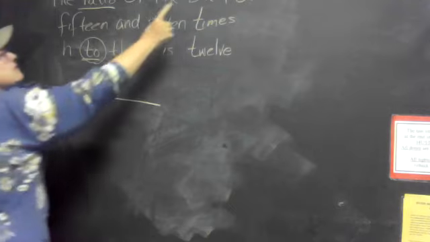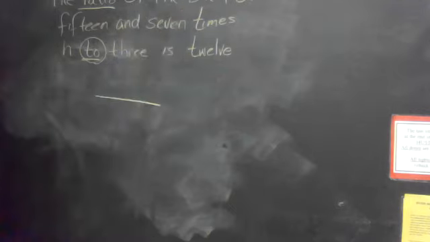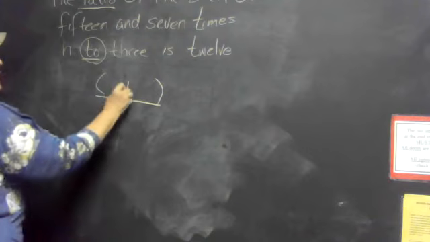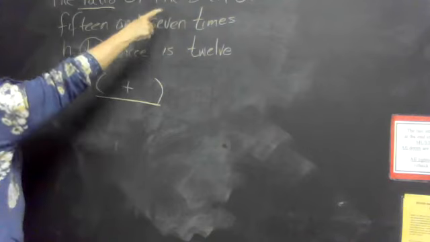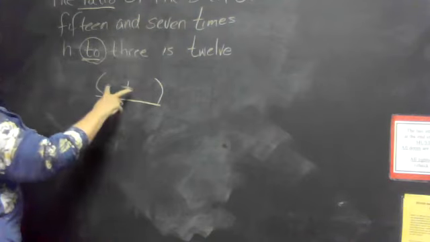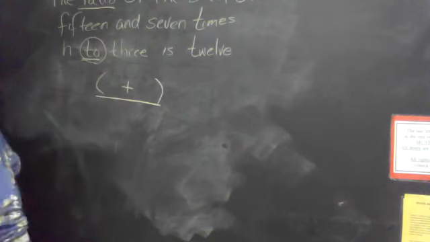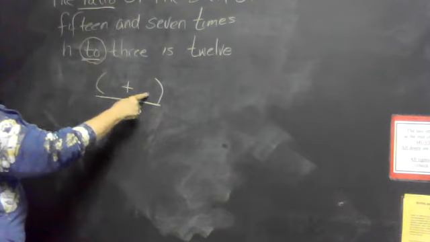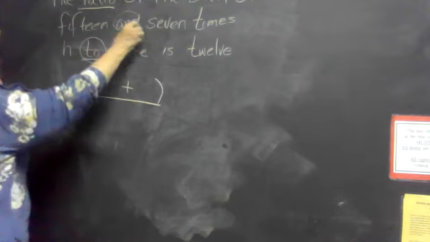Ratio of the sum. What do we know when we do sum? Parentheses and adding. Add goes in between. The word sum, we have to have parentheses and the add sign because sum means addition. Now, the very next stuff will tell you what to put here, and it's separated by the word and.